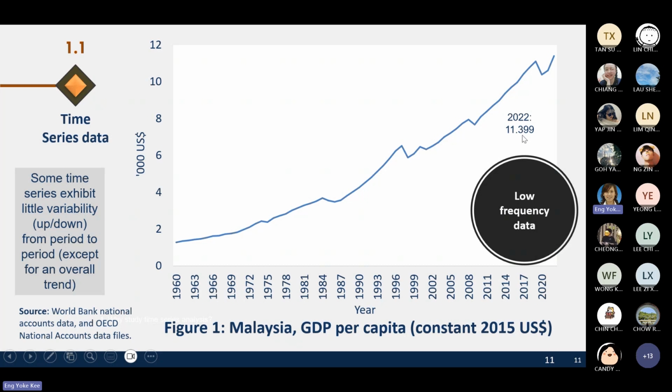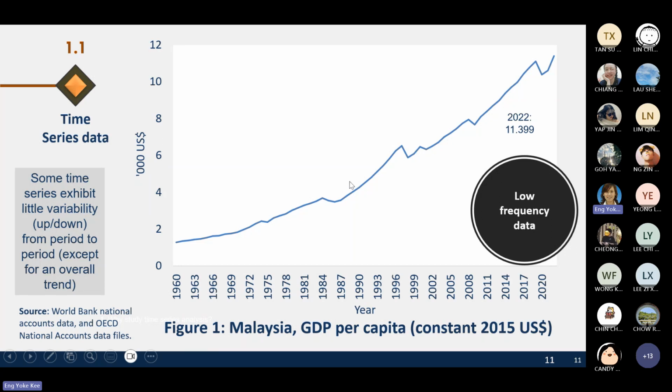Can you believe it? Oh, we are so rich, right? So this is why we always say we are reaching a high income nation soon, right? By right, in year 2020, we are there already. But because of COVID, we are not there yet. Am I right? Do you feel that we are very wealthy? Do you feel that we belong to a high income nation?